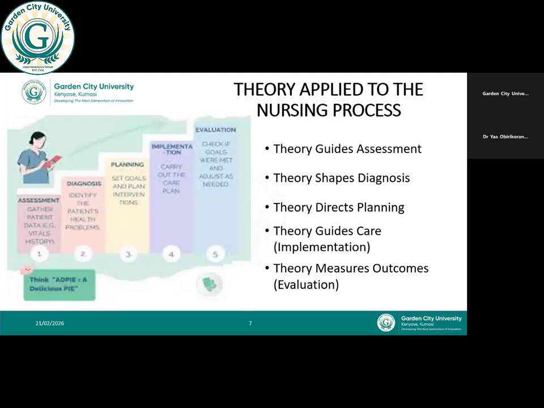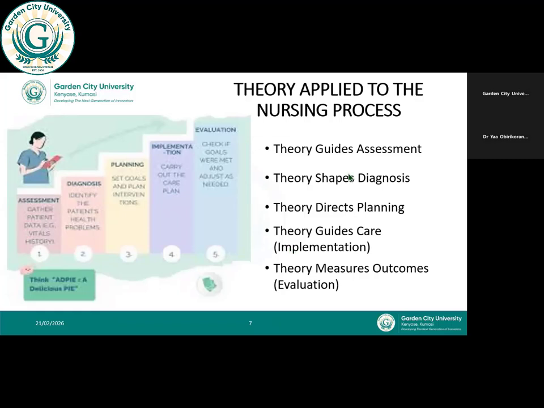Was it wrong, or I did not consider another diagnosis? Or was it at the planning or the implementation stage? Then you go back and then adjust your care so that you'll be able to meet the patient's need. So that is how you apply the nursing theory to the nursing process.